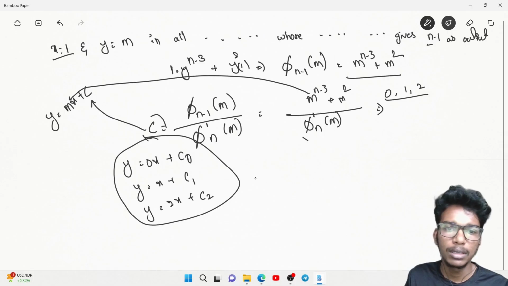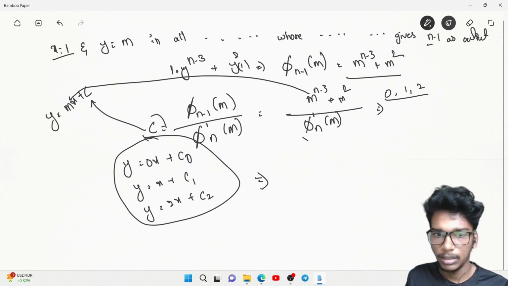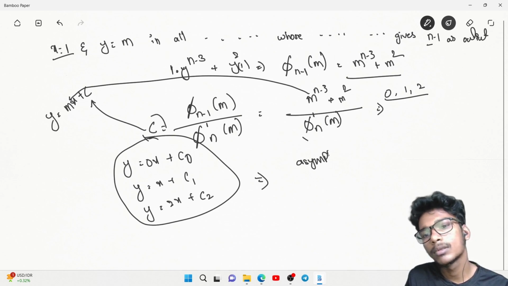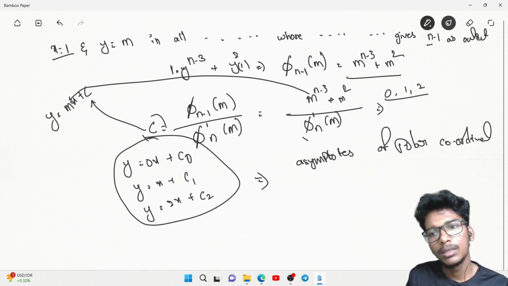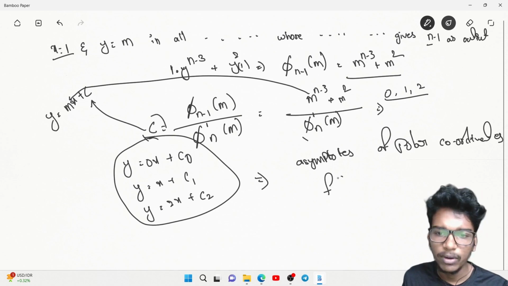Just an extension of this topic is asymptotes in polar coordinates. We will get a function f of r comma theta.